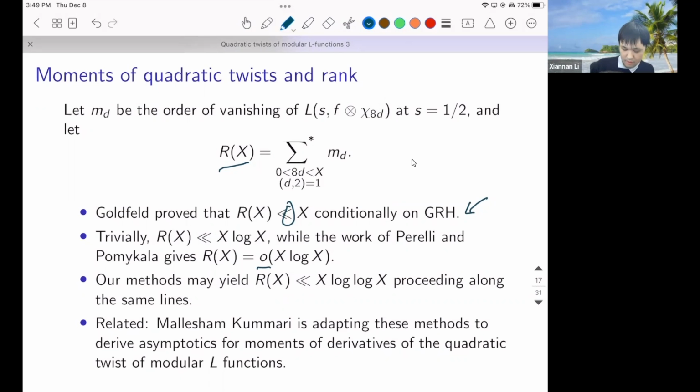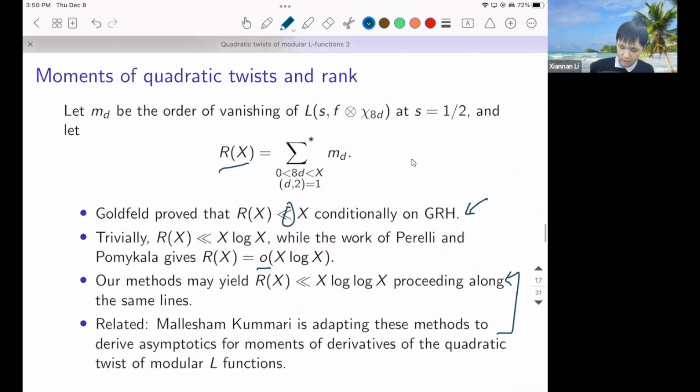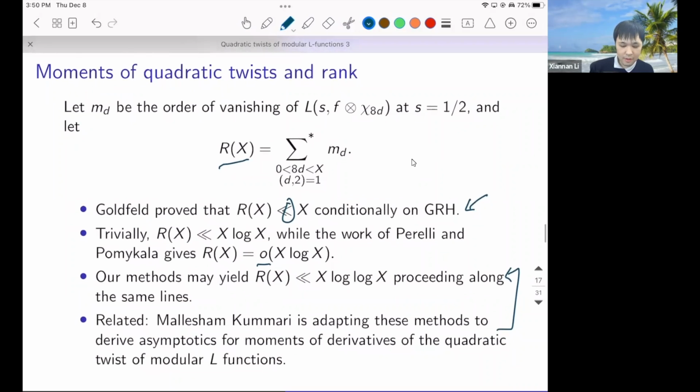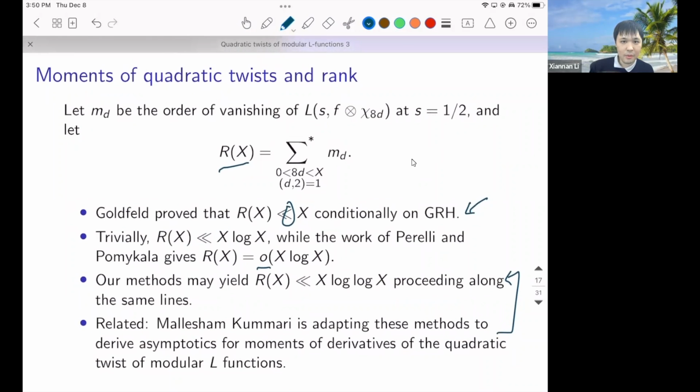In related work, or maybe related work in progress, Maluesh Kumari emailed me and said that he is trying to adapt these methods to derive asymptotics for moments of derivatives of these L-functions, which is related to this as well. To get this type of bound, one also needs to calculate moments of the second derivative. Okay, so questions or comments before I go into the proof.